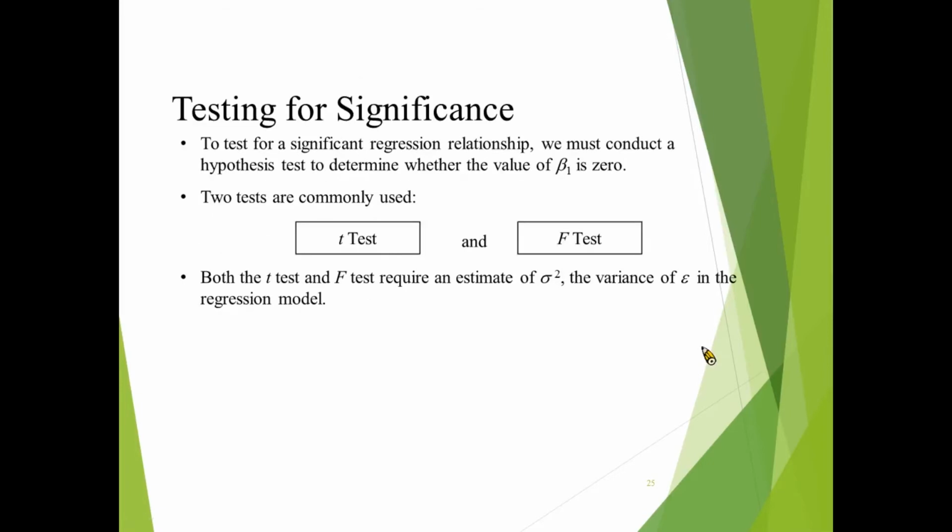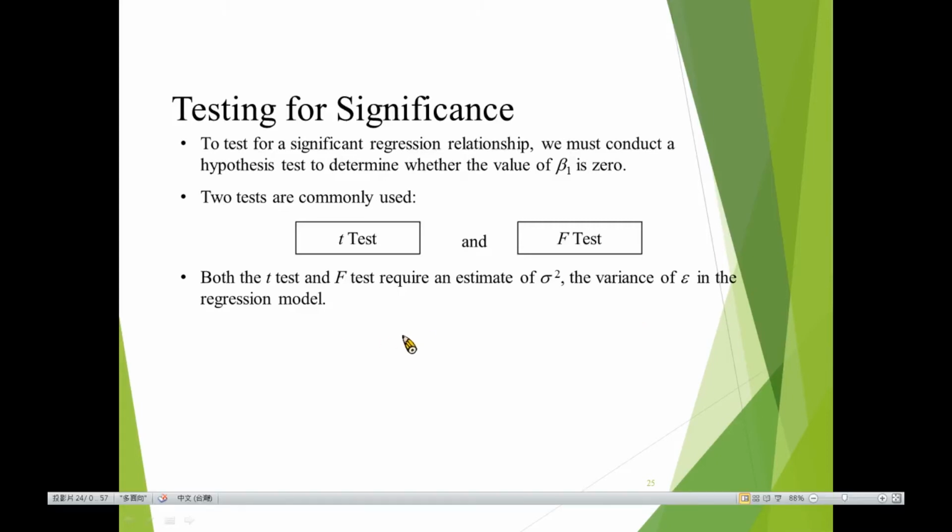Okay, so in the test for significance, we can use two tests, the t-test and the F-test. To test significance of regression, we can conduct a hypothesis test to determine whether the value of beta 1 is 0. Both the t-test and F-test require an estimate of sigma squared, the variance of epsilon in the regression model.